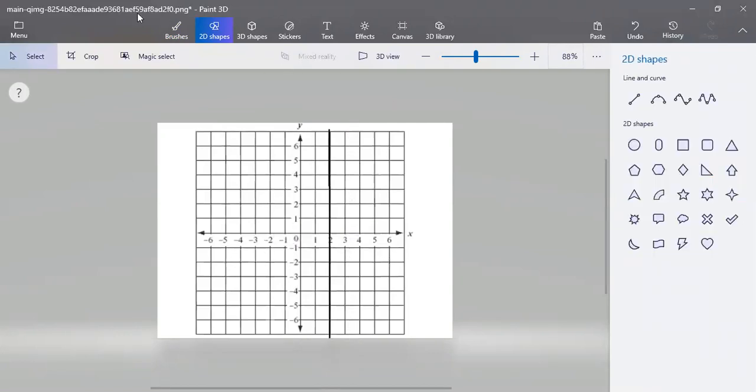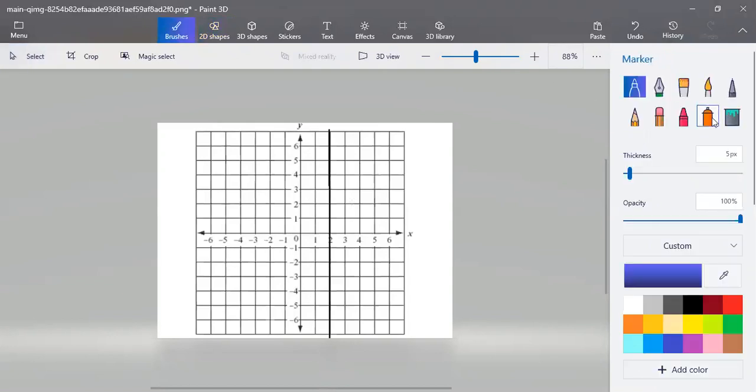Now when you want to shade it, which part are you going to be shading when it says greater? When it says greater, of course you will be shading this part. Why will you shade this part? Because they said x is greater than 2, so all the numbers greater than 2 are on this side, right? So let's shade this part first.